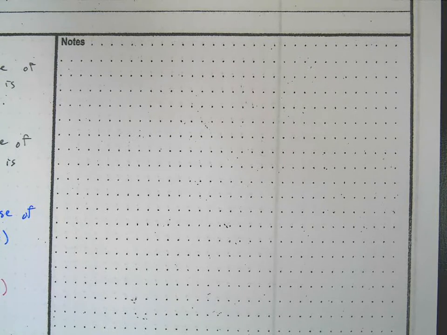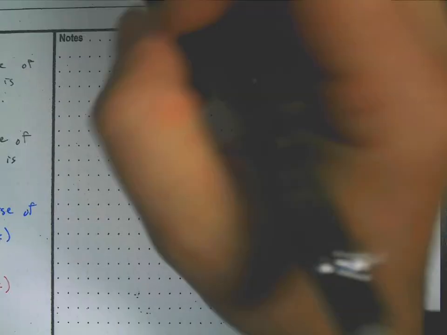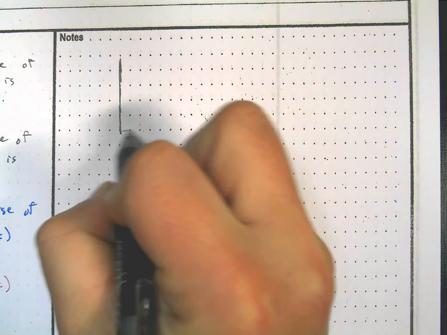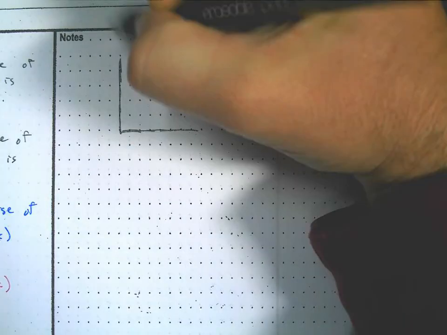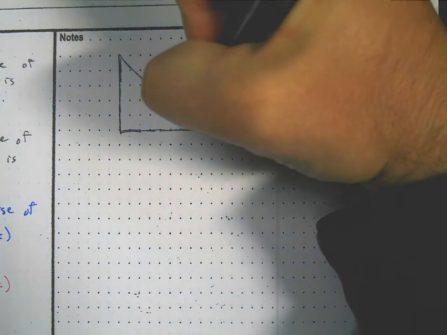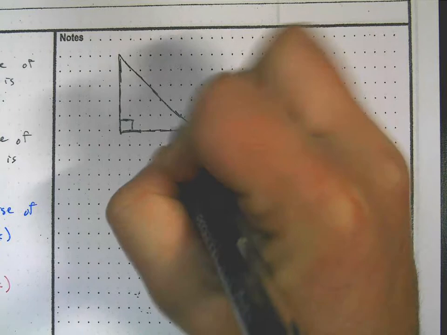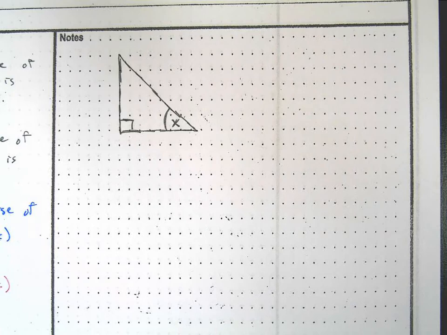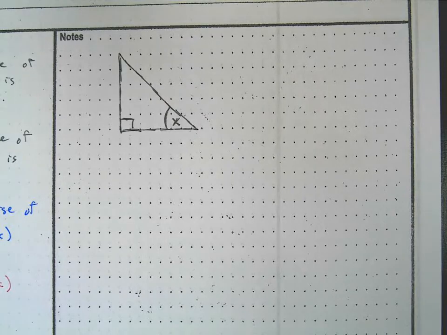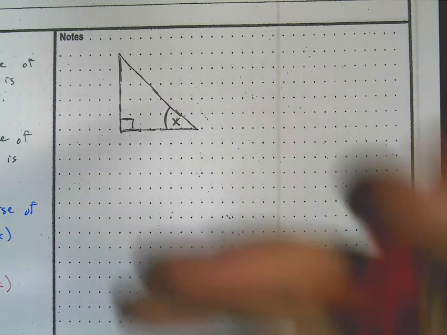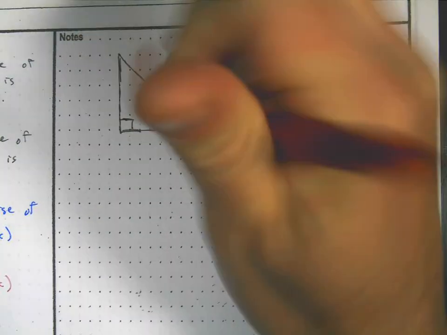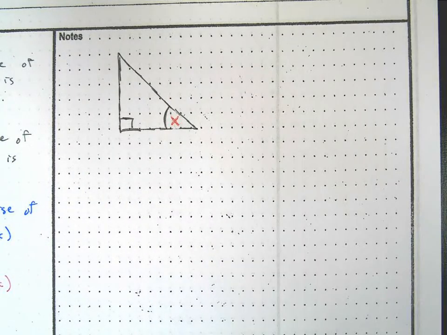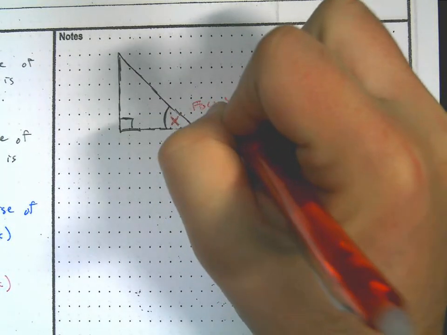So we're going to use the same idea that we had from our last lesson, where if I have a right triangle and we're told a focus angle, we want to label our right triangle based off our focused angle. So this is my focus angle.